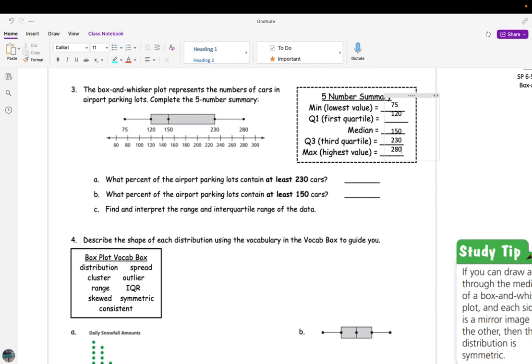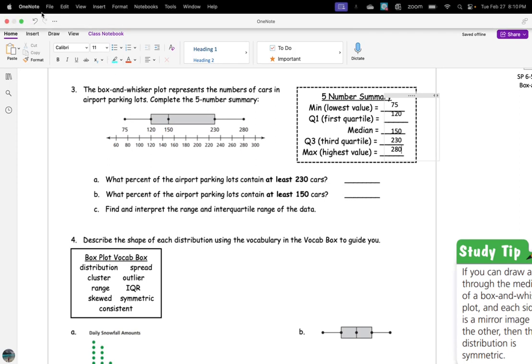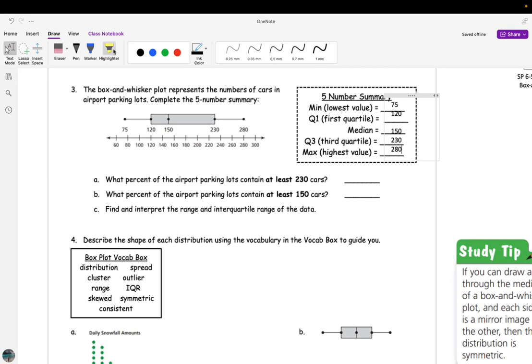And then I can tell which percent of the airport contains certain number of cars just based on how much of the diagram it takes up. So if I look here, from here to here, that's 25%.